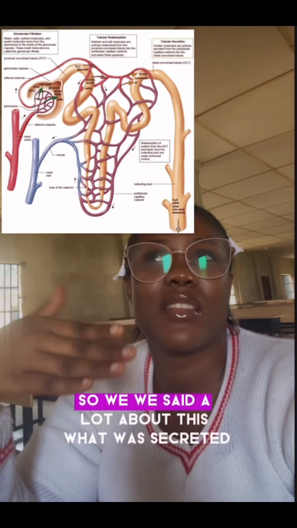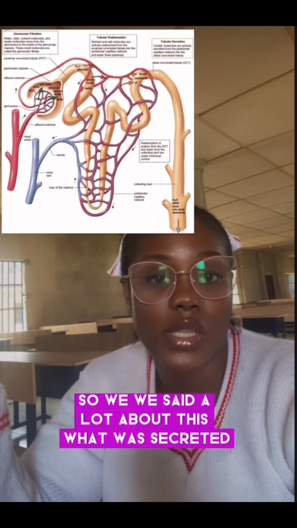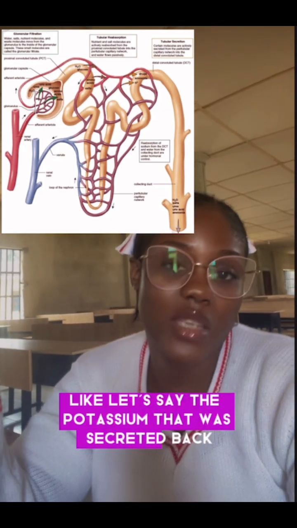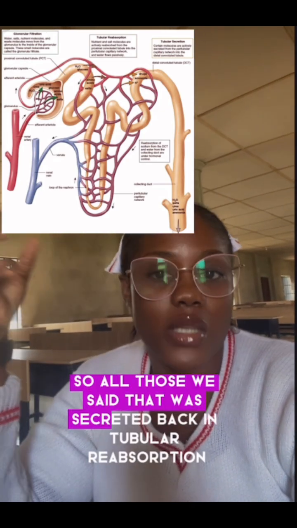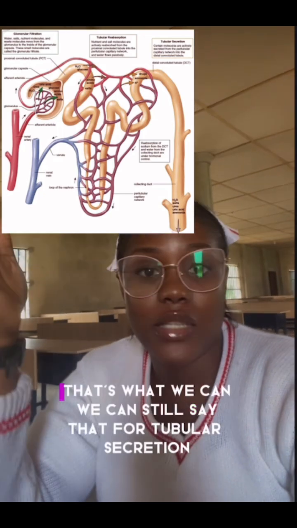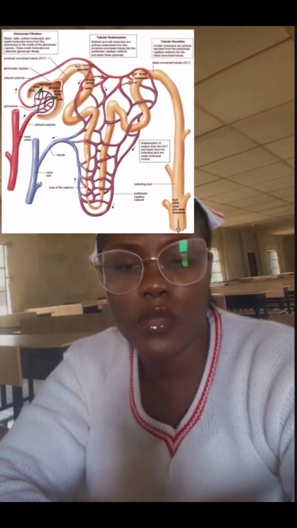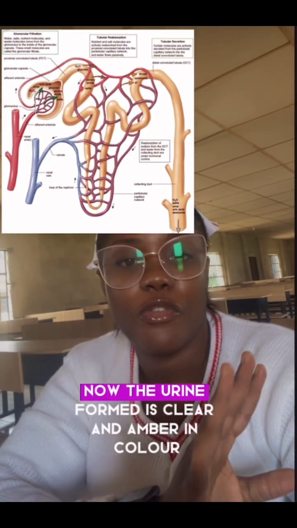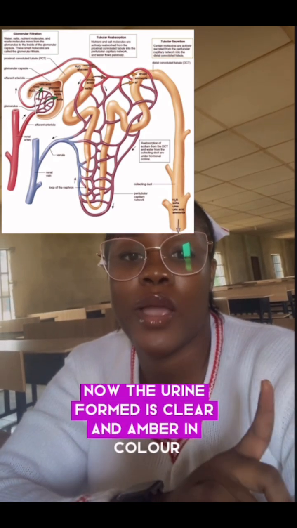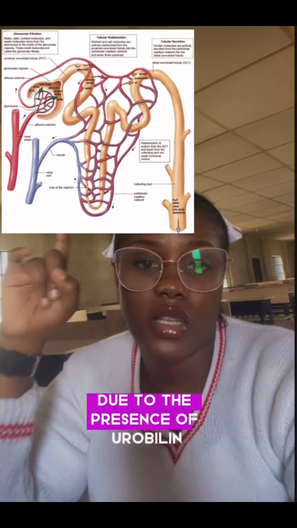So we said a lot about this, like let's say the potassium that was secreted back. All those we said was secreted back in tubular reabsorption, that's what we can still say is for tubular secretion.